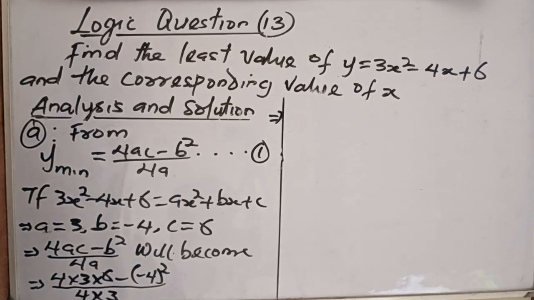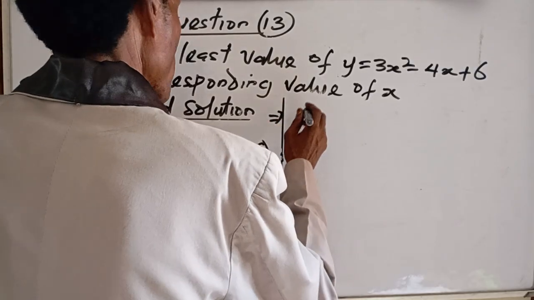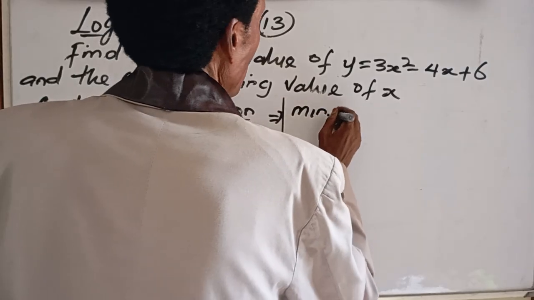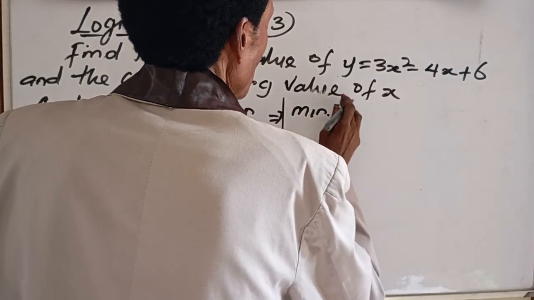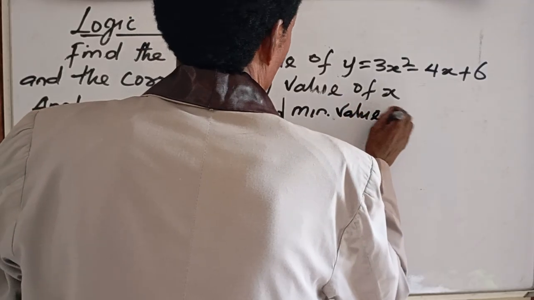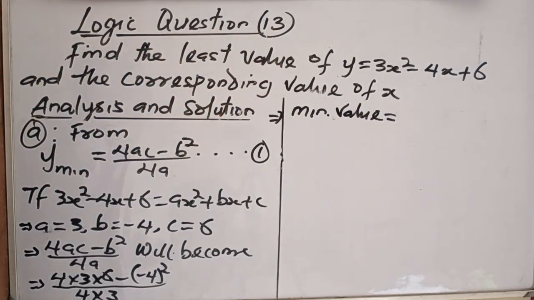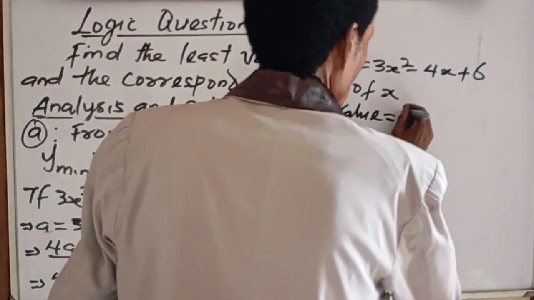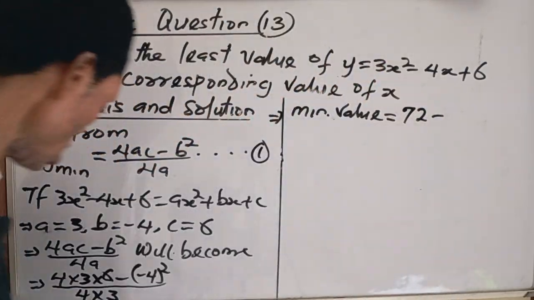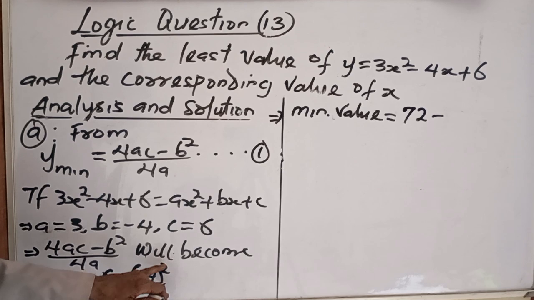So the minimal value of y equals, let's see, when we multiply everything, 4 times 3 will give us 12, 12 times 6 will give us 72, minus, this is an index 2, which will cancel the negative inside.